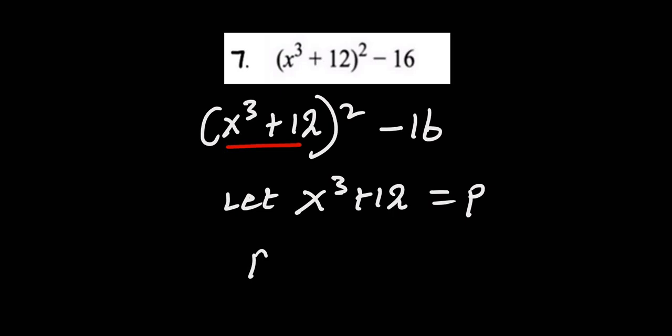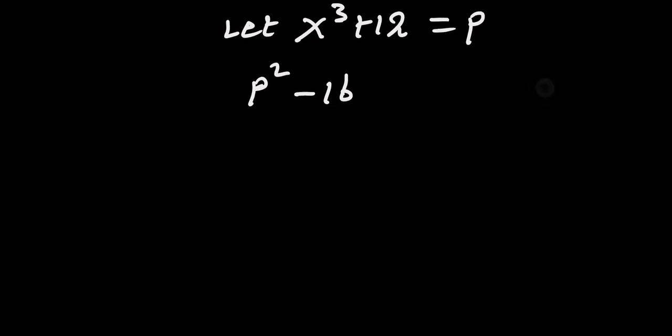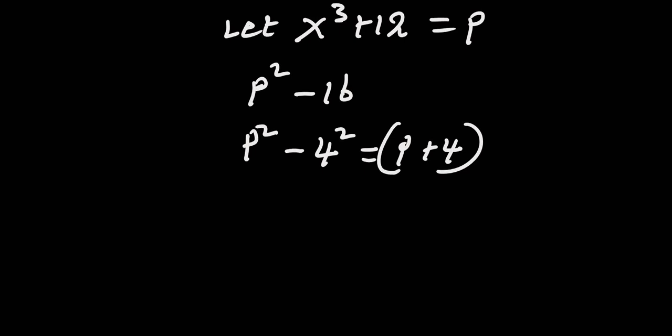Now this will become p squared negative 16. You know 16 is a squared number, so we can change that to 4 squared. So this becomes p squared negative 4 squared. Automatically we now have a difference of squares, which is equal to p plus 4 and p negative 4.